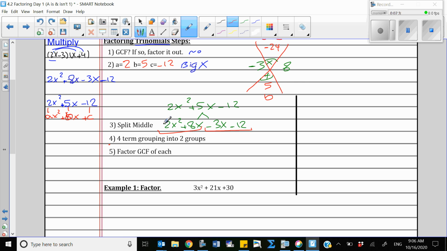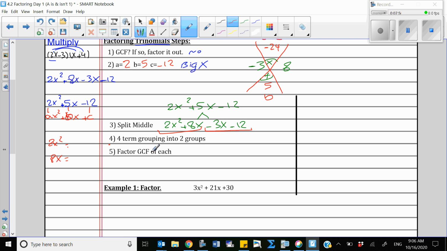What is the GCF between 2x squared and 8x? I'm going to write that here, 2x squared and 8x. What is in common between them? Between 8 and 2, 2 is the common factor. The greatest common factor between 8 and 2 is 2, because 8 is divisible by 2.